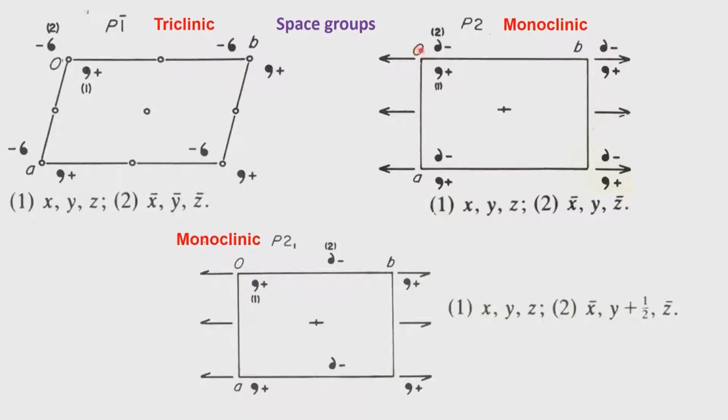Notice that this is a projection of OA looking down the c axis, and therefore the angle between A and B is 90 degrees. So, this is a nice rectangle. You also notice that once we have this two-fold axis associated with the b direction, in the AC plane, with respect to the A value shown here in the projection, there will be an additional development of a two-fold axis at half position by definition. Any periodic repetition, as we have seen, will repeat its symmetry at half the distance.